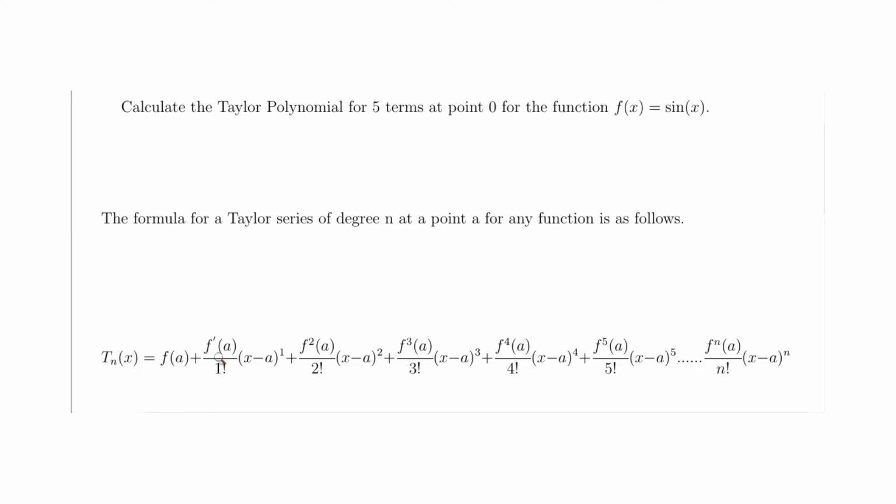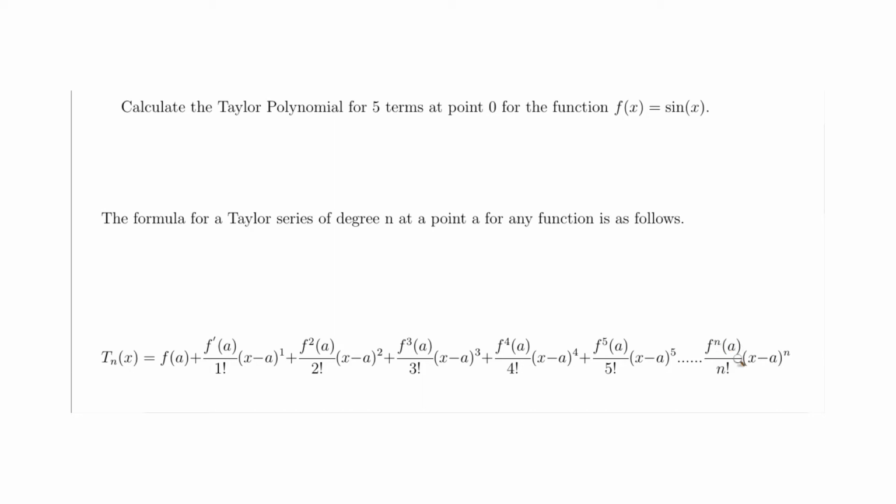Then we've got these fractions: first derivative of a over 1 factorial, second derivative of a over 2 factorial, third derivative of a over 3 factorial. You can see a pattern forming. The 2 factorial on the bottom goes with x minus a squared, then 3 factorial with cubed, 4 factorial with the power of 4, and that's true all the way along.